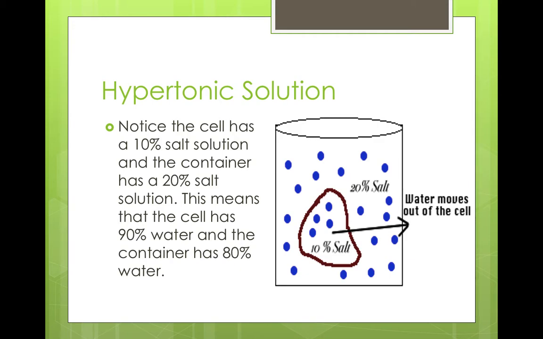That means the inside has 90% water and the outside has 80%. Well, 90 is a higher number than 80. So that's why the water would move from the inside of the cell to the outside of the cell. And that's why the arrow is pointing that way. So water would move out of the cell, causing this to be a hypertonic solution.